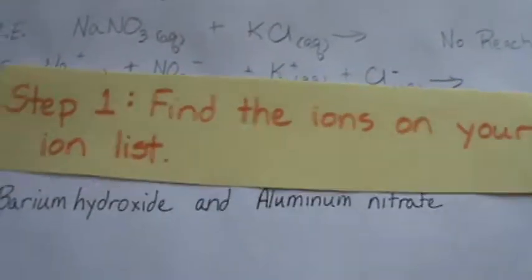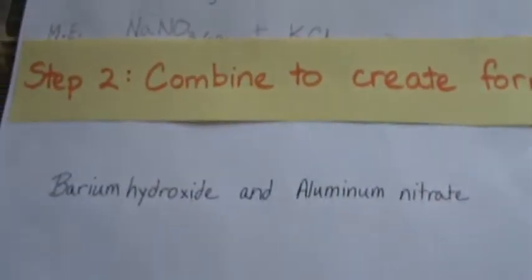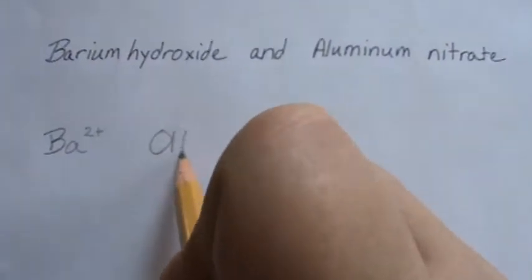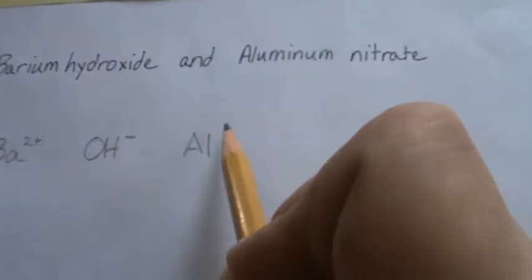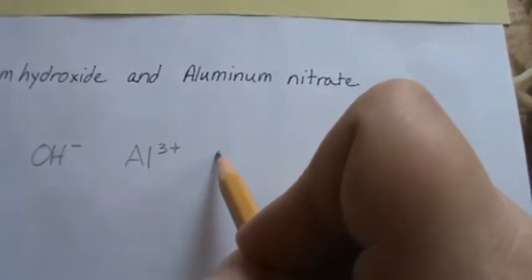Okay, so I found my ions, and I am going to combine them to create formulas. So first I had that barium and hydroxide and aluminum and nitrate.